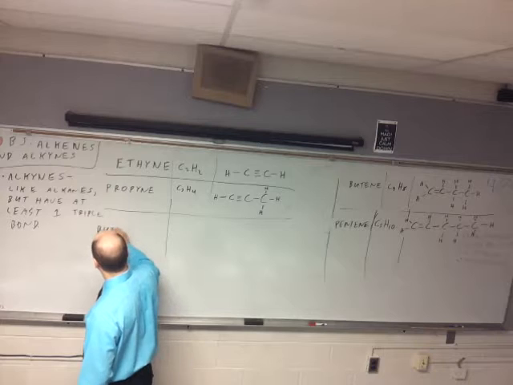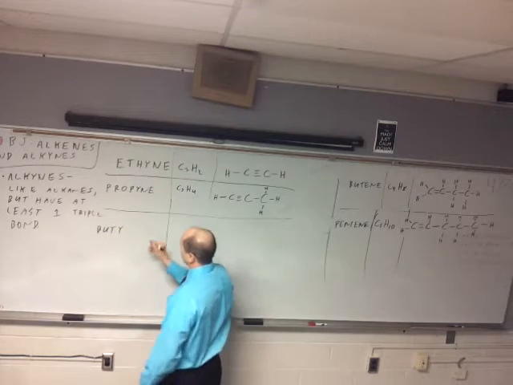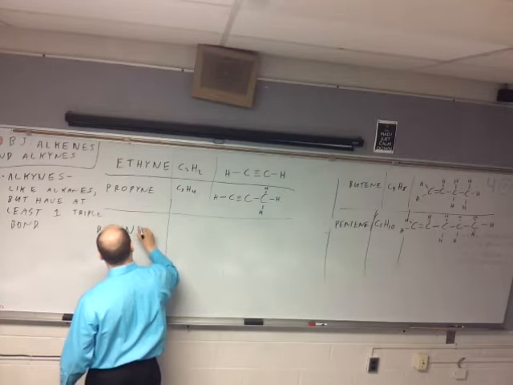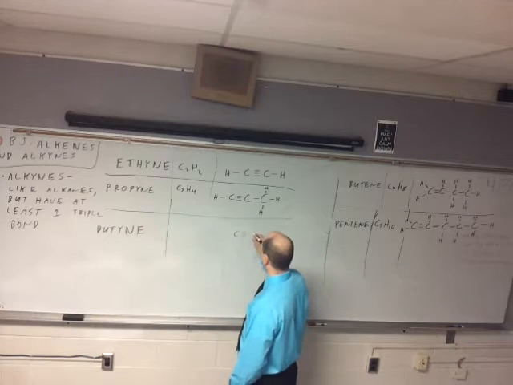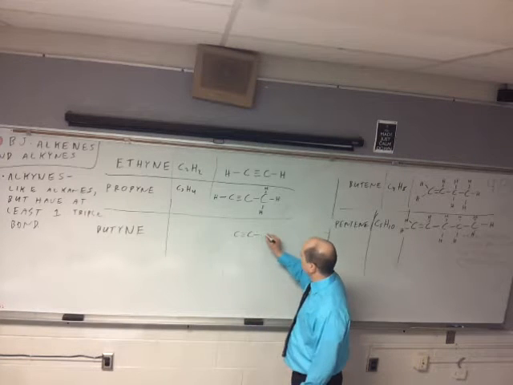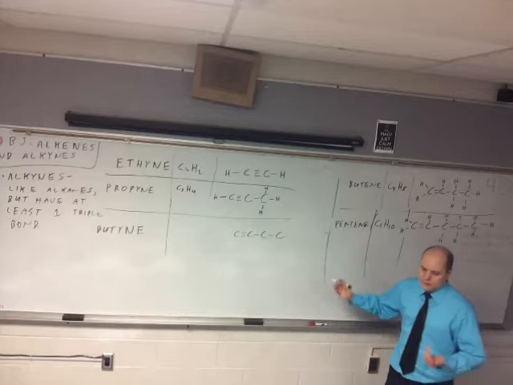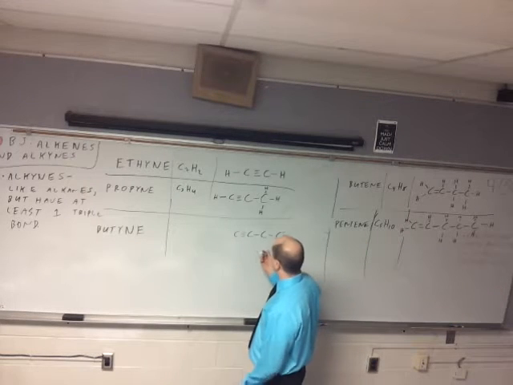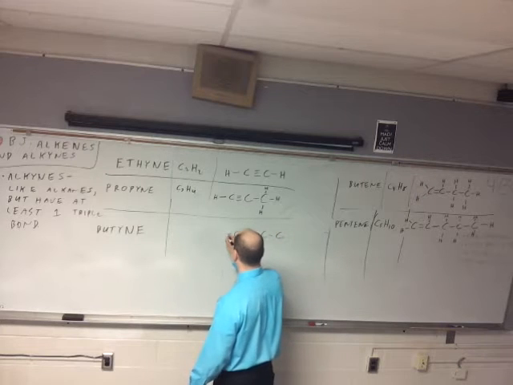You wouldn't add 1. No, because with this one you didn't add 1. So this will be triple bond between 2 carbons, and then we'll just single bond the next 2. You could have more than 1 triple bond, right? But we're not going to do that today. So how many on the first one? 1.